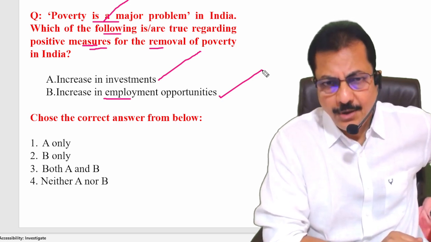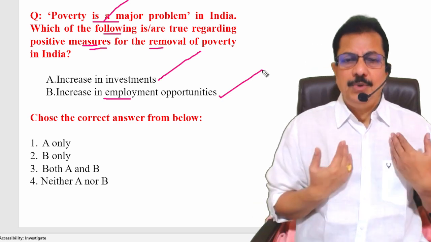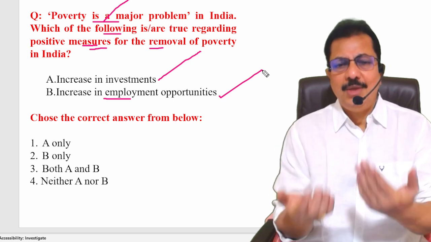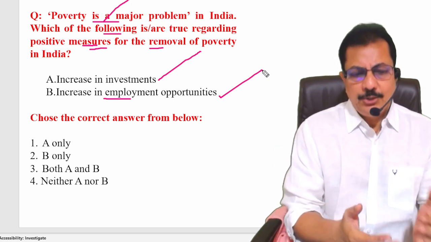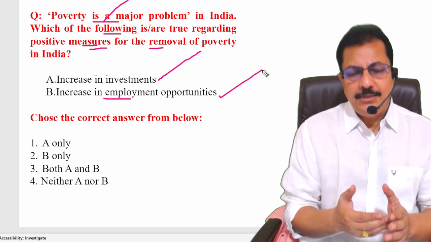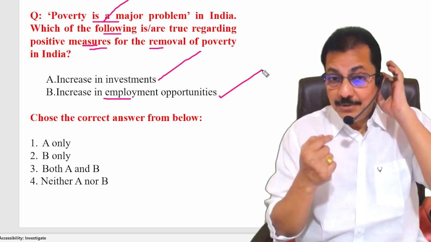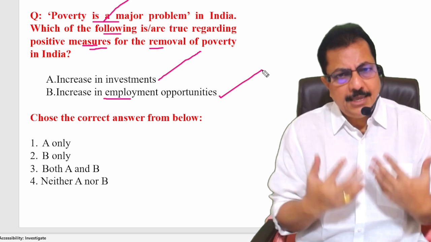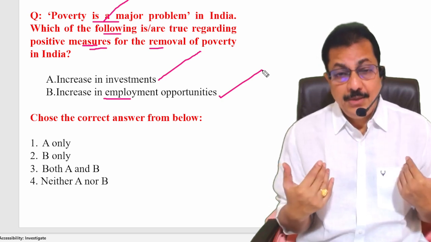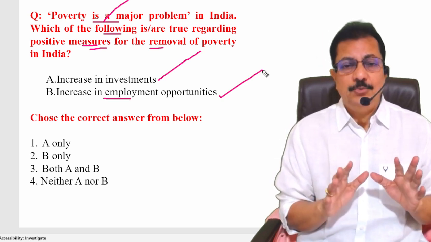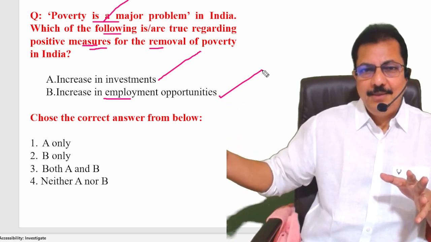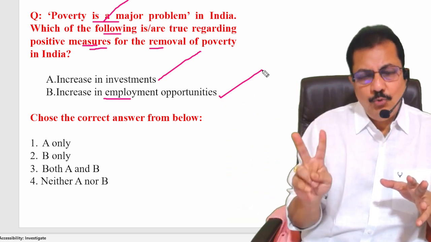Yes or no? Obviously yes. Because we have more employment opportunities, we are working, we are earning, we are spending. So the economy is good. Then obviously, because the person is getting the money, because he is able to take care of himself and the family, that is considered to be pulling themselves out of the poverty. Meaning, these are the two measures.